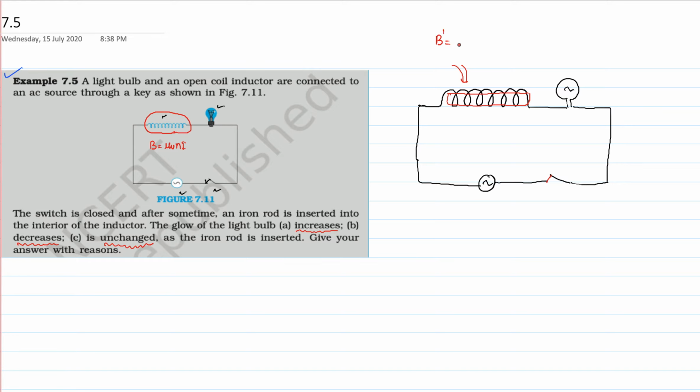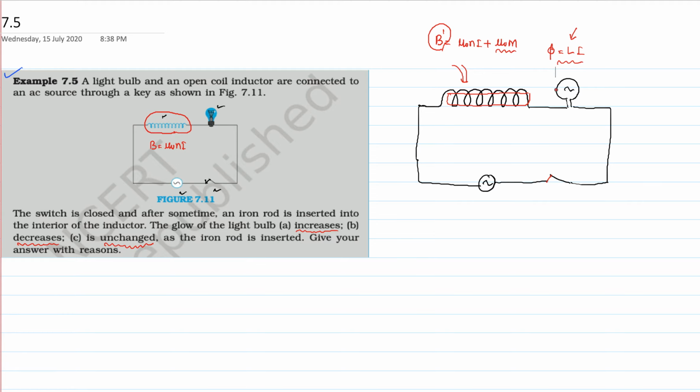This B prime is equal to mu naught Ni, which is due to the coil, plus mu 0 times M, which is because of the magnetization of the rod inside it. With the increase in magnetic field, the magnetic lines of force will increase, and we know that phi is equal to Li. This means that the inductance of the coil will increase.